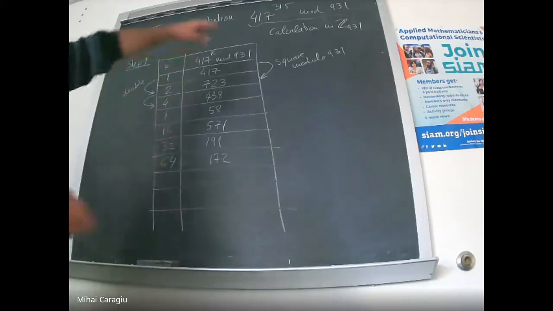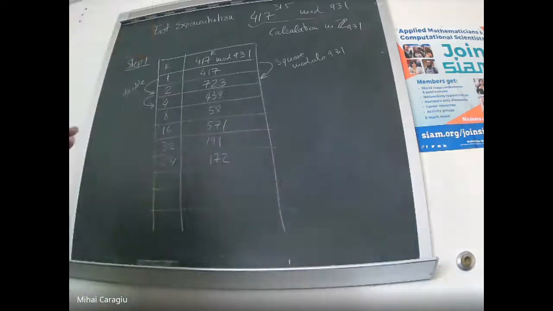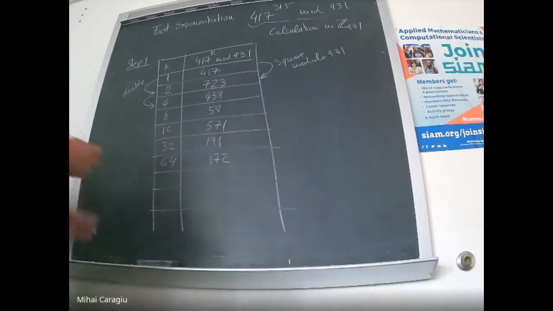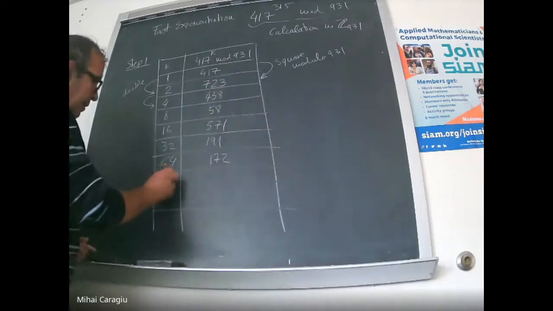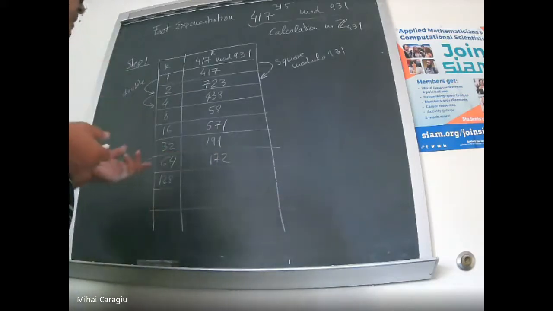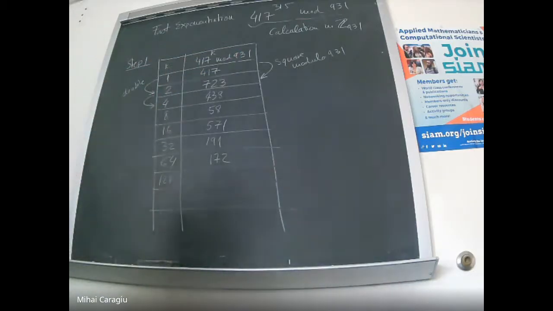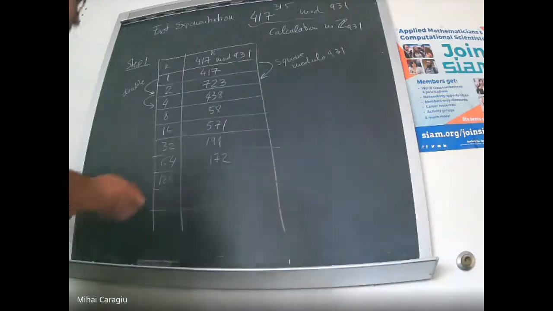The objective is to calculate the 315 power. Everything is a power of 2, so we don't want to go past 256. So let's see. 128. Square 172, get a big number. That big number again divide by 931. We only care about the remainder. So 172 squared is 723.